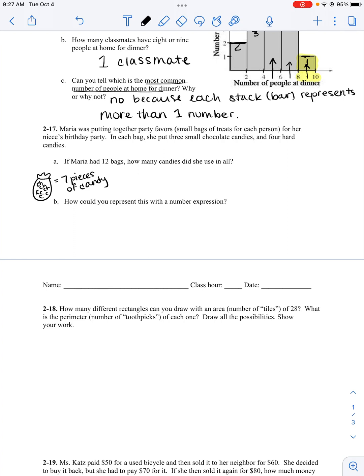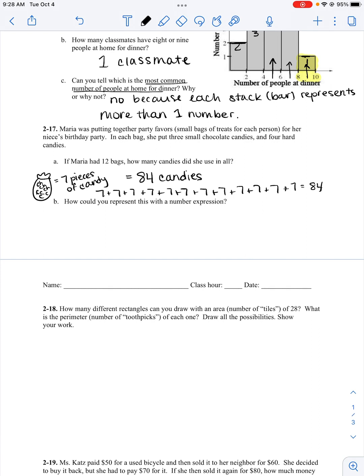So 7 times 12 is 84. There are 84 candies. And I can draw a picture and then count them. I could do 7 plus 7 plus 7 plus 7 plus 7 plus 7 plus 7 plus 7 plus 7 plus 7 plus 7 plus 7, and that's 84.